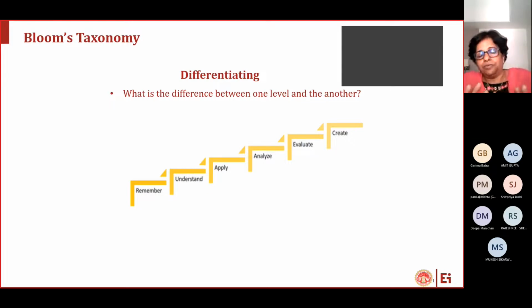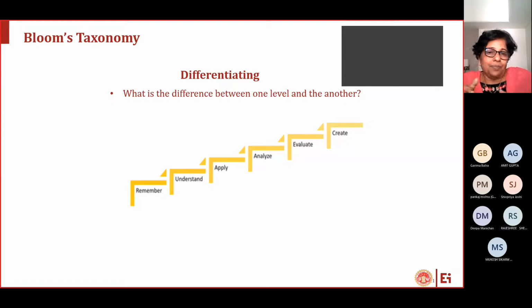Okay. Now that we know this Bloom's taxonomy, and you would have seen this pyramid and the steps many times, how do we differentiate between these skills? Some of the skills like remember are very clear, and even understand is very clear. Apply also can be clear.